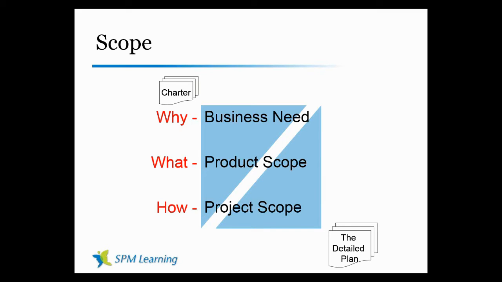Now, the other piece that we need to do is we need to make sure that there's a connection between the why, the what, and the how. We need to connect the why to the what. So when we step forward into going straight to the solution and we haven't properly defined the need, we tend to start at the product level.